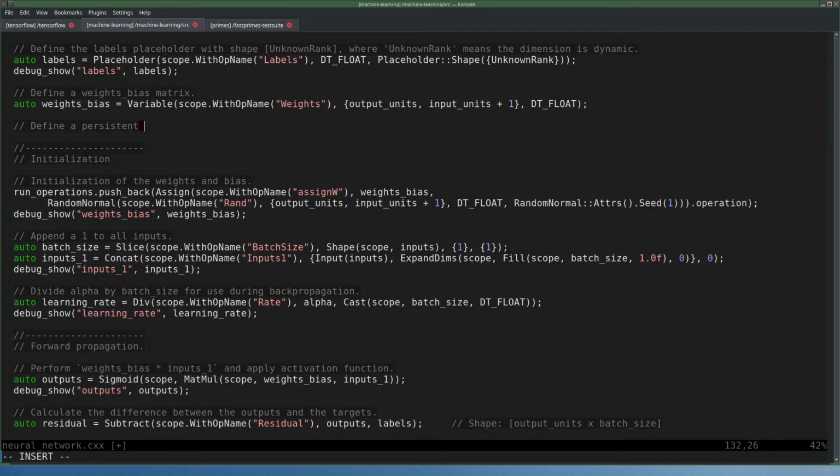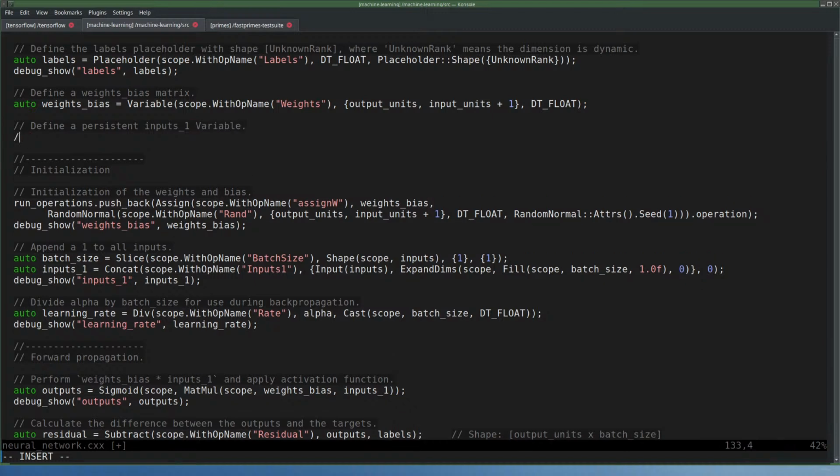Persistent inputs one variable. So I'm going to call that a variable. Variable, where's my input one?